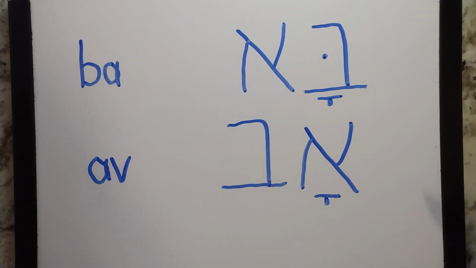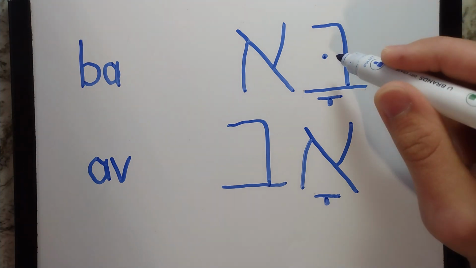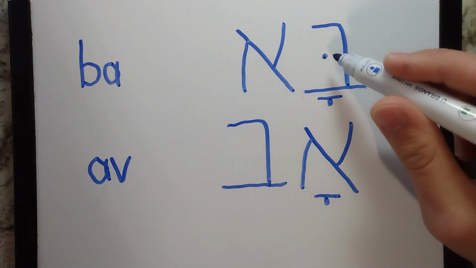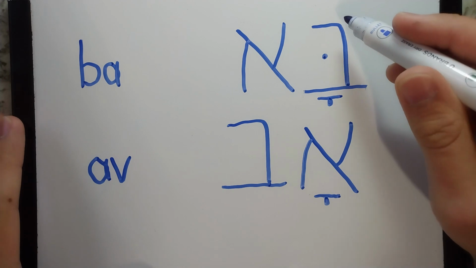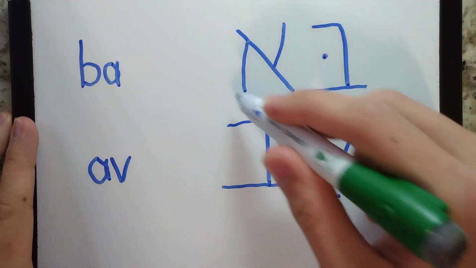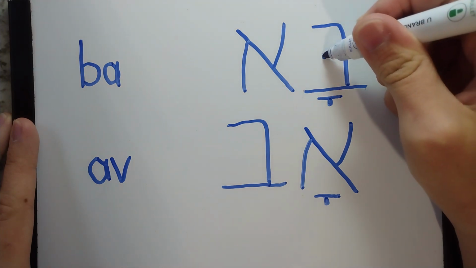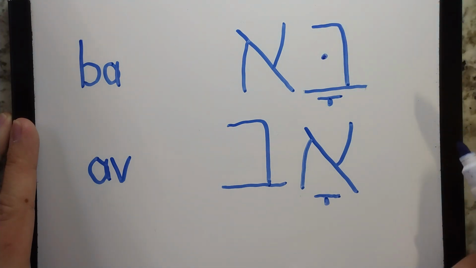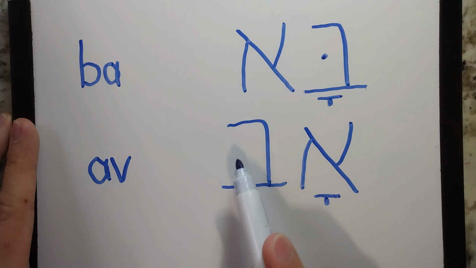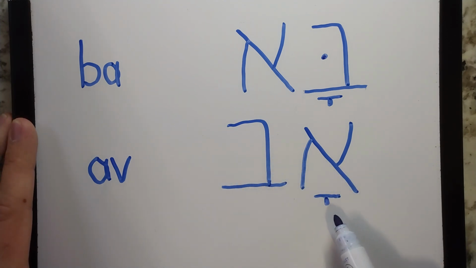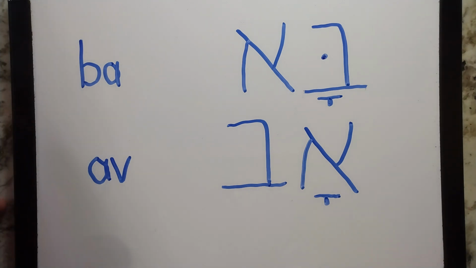As for the dagesh in the bet, in the word ba, the bet does have a dagesh because it is the first letter in this two-letter syllable. And so that means it will have a dagesh. But in the word of, the bet is the second letter in the syllable. It comes after the vowel marker ah. So that means this bet does not have a dagesh.